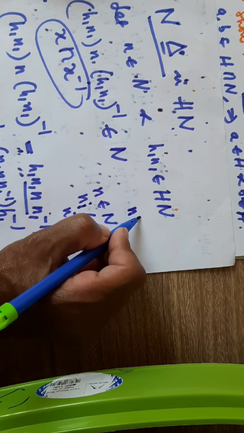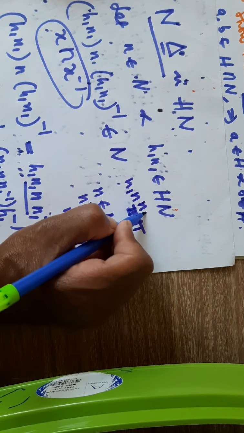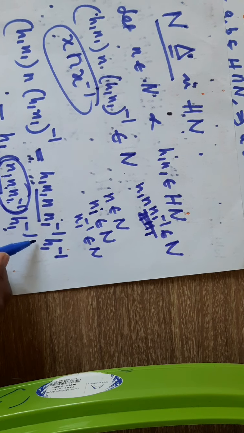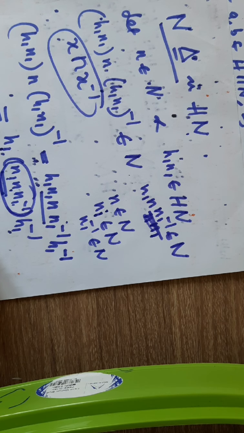So it implies that n1 n into n1 inverse also belongs to N. So this belongs to N, and this is h1 which is an element of H. So it implies that it is of the form x n x inverse, where x here is h1, and x inverse is this h1 inverse.